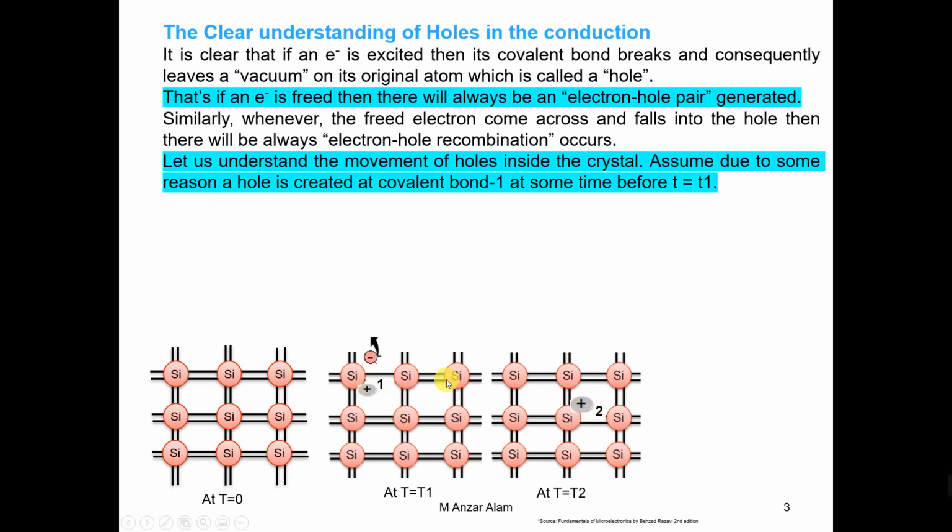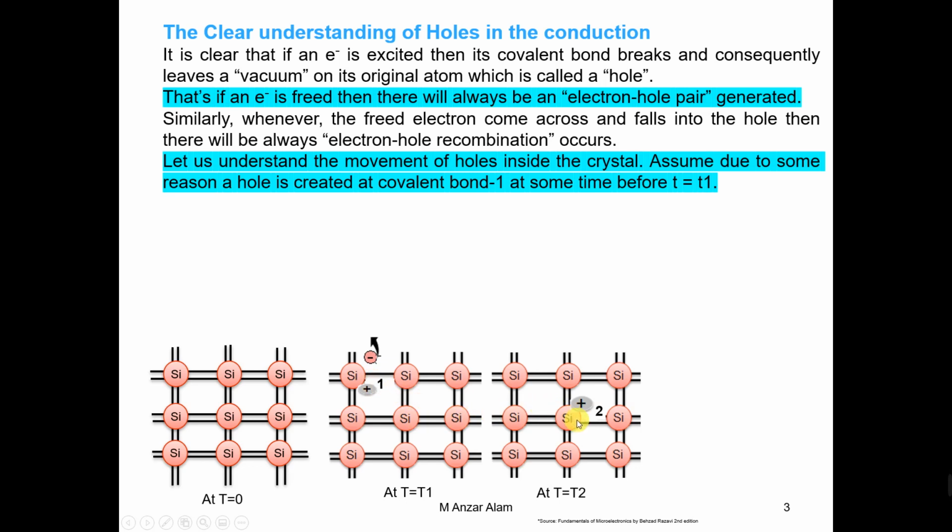For example, if covalent bond 2 is broken and one electron is freed, then we assume this electron falls inside this hole. So this covalent bond 1 is now complete because it gains one electron, and that electron is released by this silicon atom.